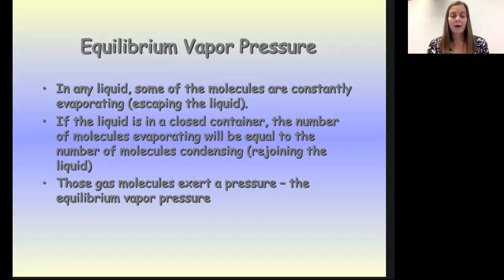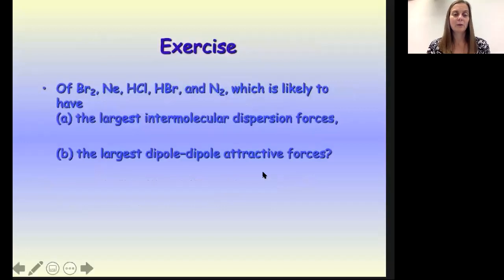Okay, so just a few practice exercises and then we'll be done. So if we look at bromine, neon, hydrogen chloride, hydrogen bromide, and nitrogen, which is likely to have the largest intermolecular forces? Well, this is going to be nonpolar.